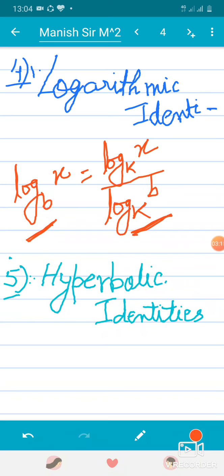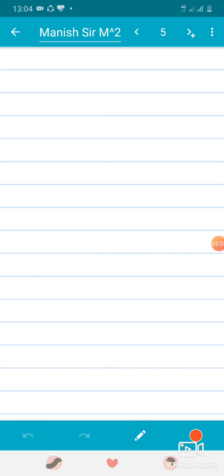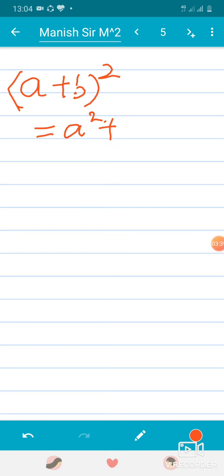And the last one is the hyperbolic identities, which is not in your syllabus. Okay, so let us start with what is within your syllabus. The first identity is known as the algebraic identity. This identity is generally known as a plus b whole square is equal to a square plus 2ab plus b square, where a and b both are variables.